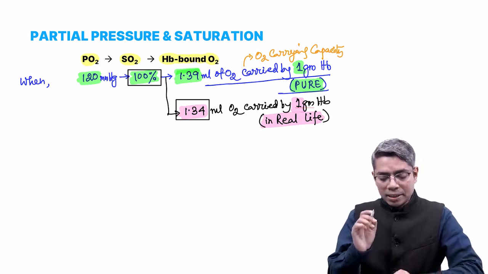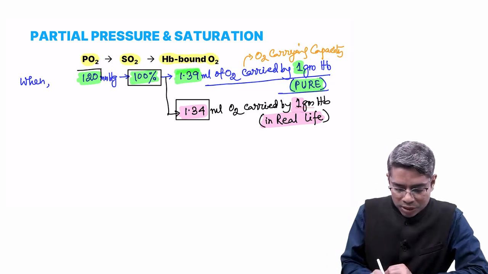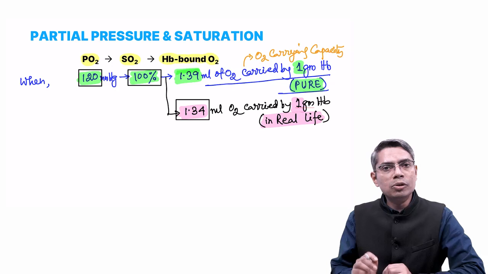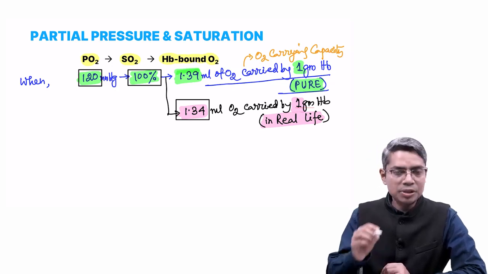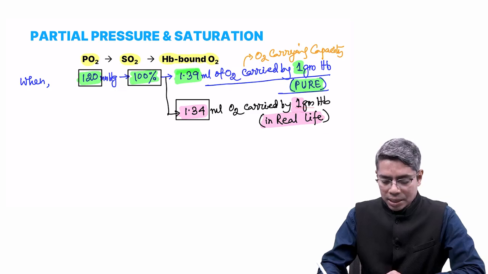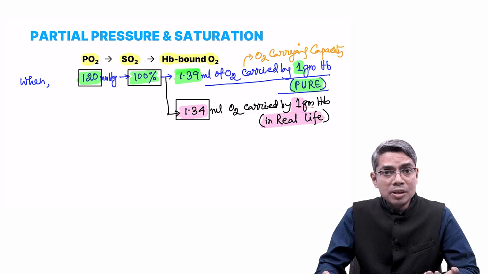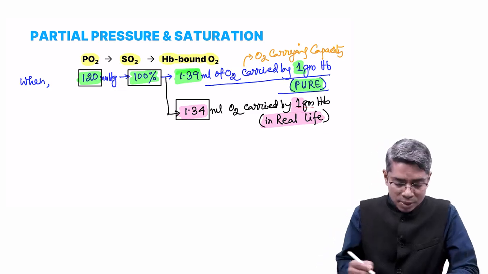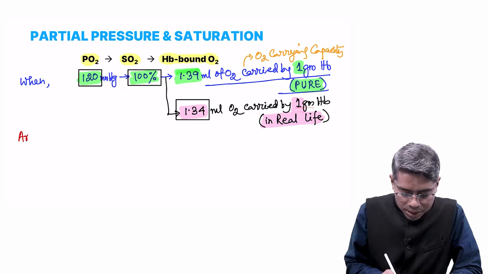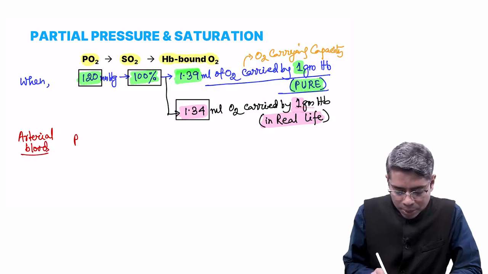But for 100% saturation, how much partial pressure of oxygen do you require? 120 millimeter of mercury partial pressure you require. But do you think in arterial blood partial pressure of oxygen is 120 millimeter of mercury? It is not. So in case of arterial blood, what is the partial pressure of oxygen? We know that the partial pressure of oxygen is 98 millimeter of mercury.